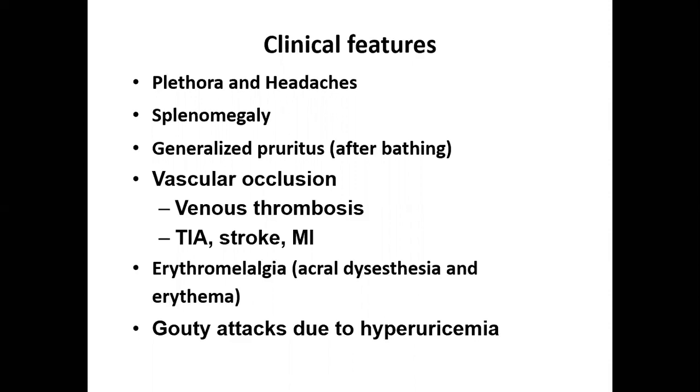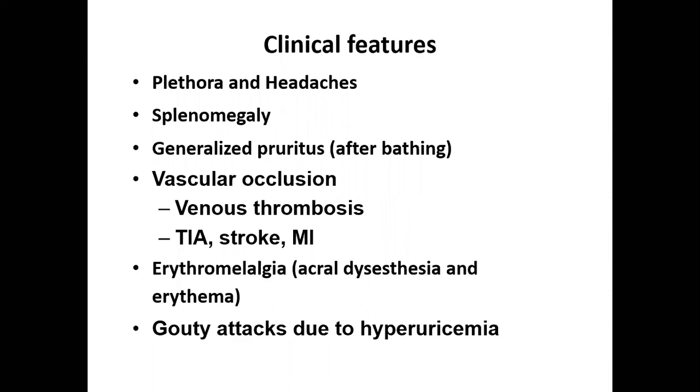Later on the patient will start to manifest vascular occlusion attacks like venous thrombosis and arterial occlusion like transient ischemic attack, stroke, and myocardial ischemia. These patients may also manifest a skin problem called erythromelalgia, in which there is erythema and dysesthesia in the fingers and toes.